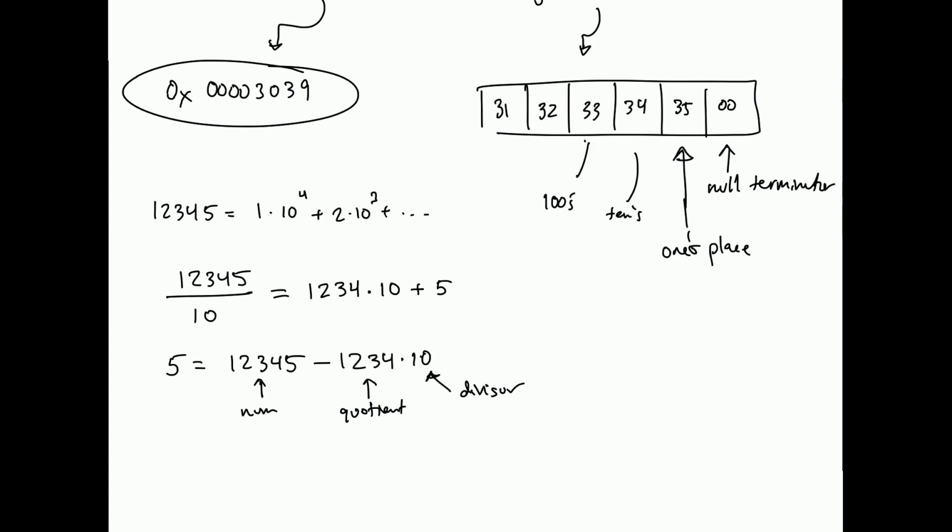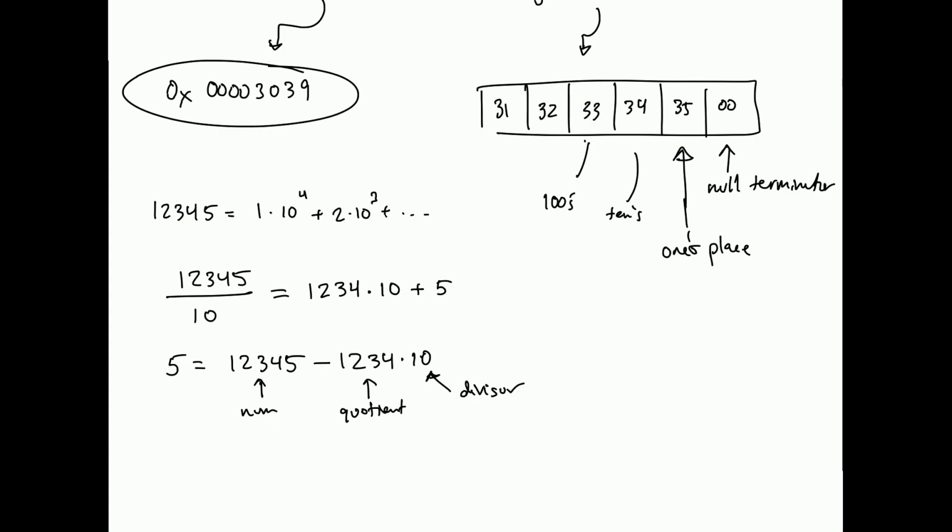Here we would do essentially the modulus operation, but with 10 as the divisor because we're working with a base 10 number. Yes? Okay, so I need to know how to do division on the processor.